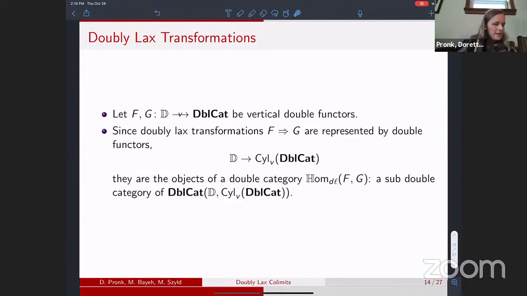So they are the objects of a double category that we will call hom DL for doubly lax. And it's a sub-double category of what we would usually call double cats from D to cylinders. So remember, double cat was enriched in itself. So that's where we see that. This is what's going to be important to get the universal property for our colimit.